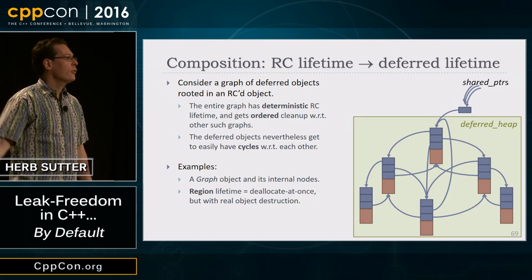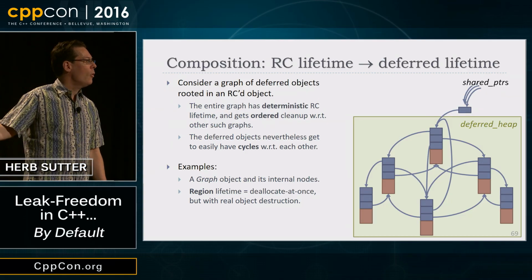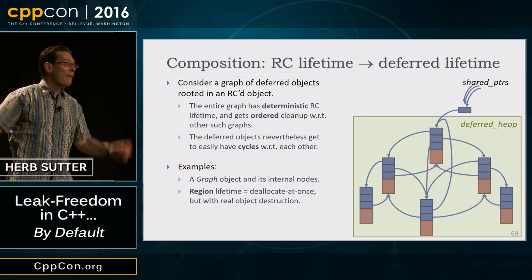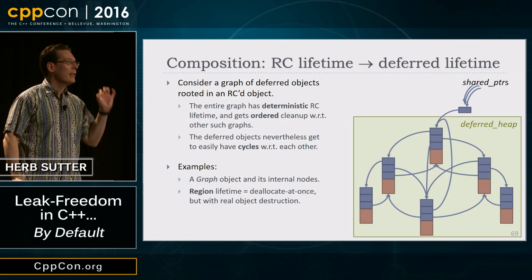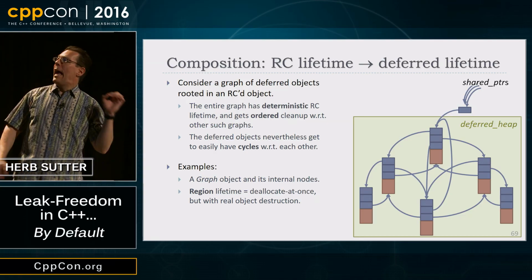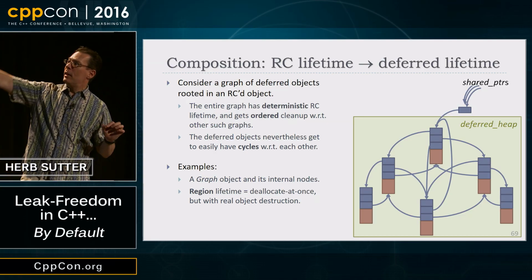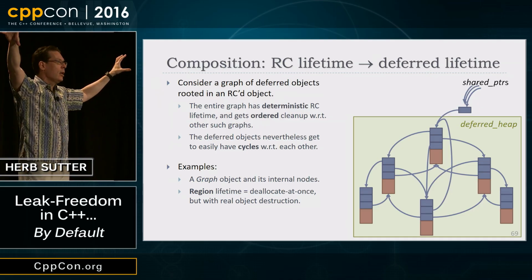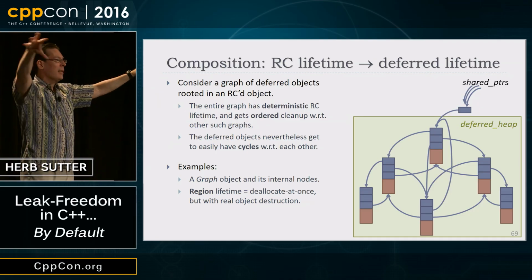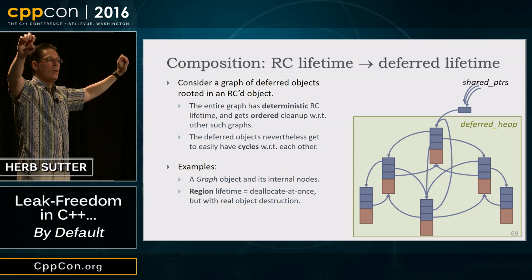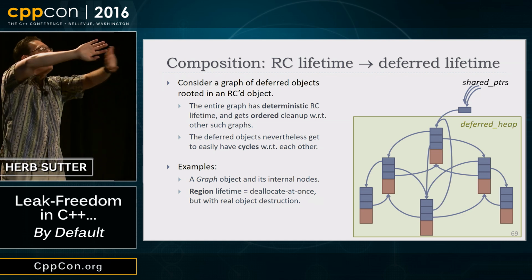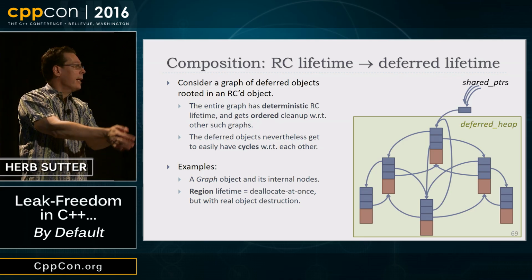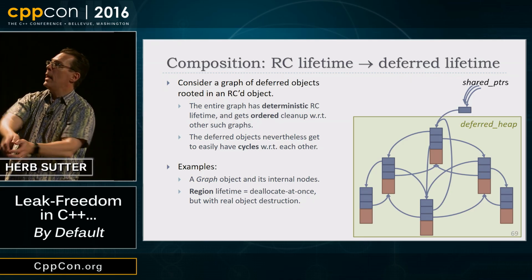The reference count keeps the whole heap alive, keeps the whole set of nodes alive, which means the entire graph has, get this, deterministic reference counted lifetime, and it gets ordered cleanup with respect to other such graphs. So if there are 2 graphs like this, each one will be deterministically and immediately cleaned up as soon as it's not being used by the program. But within the graph, I still get to have cycles, which is kind of nice, and run real destructors.